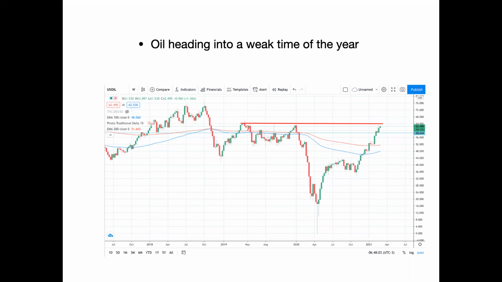Now, with equity markets selling off, I knew that that would result in commodities markets selling off. I knew that OPEC is meeting this week. Now, OPEC are rumored to possibly increase supply to the oil markets.